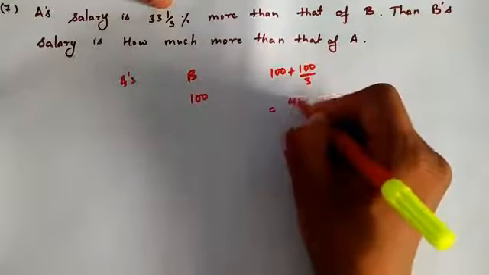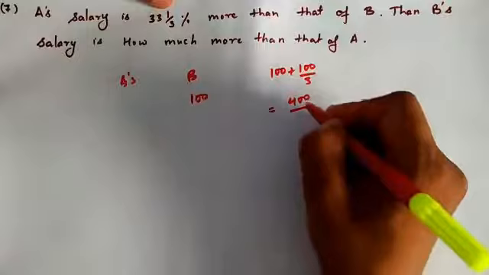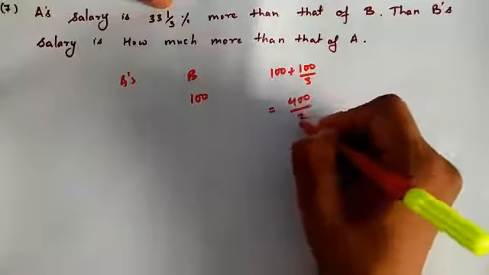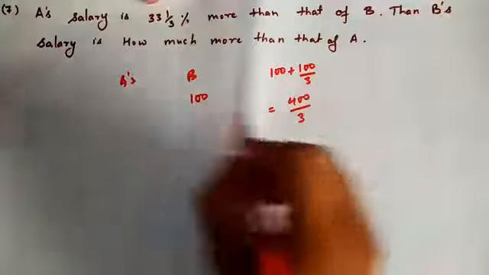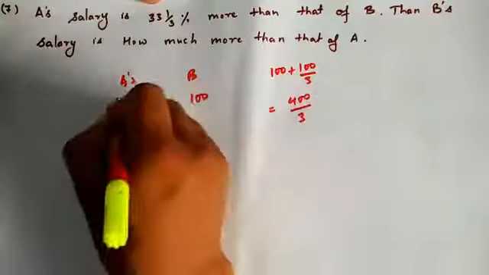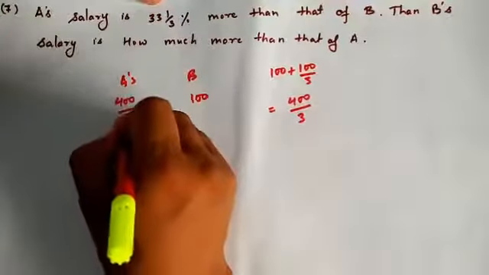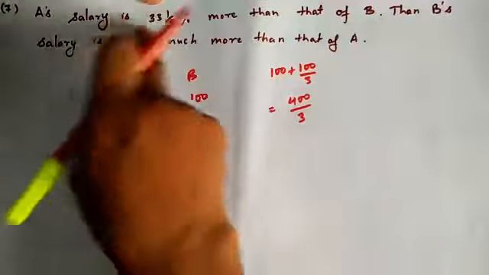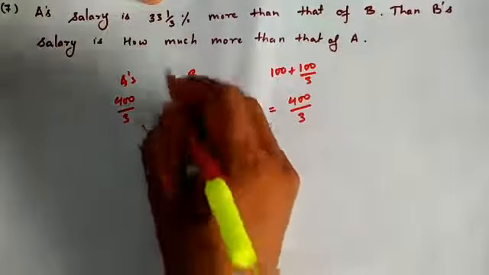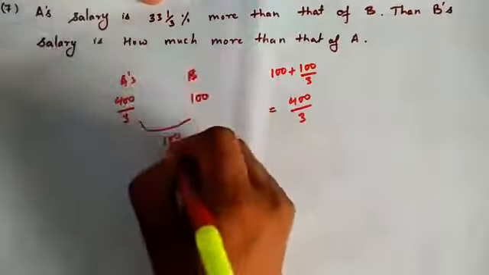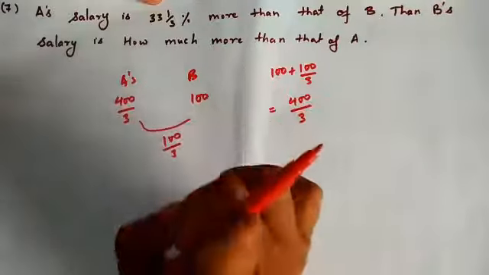I hope you people know the LCM and all, I'm taking that in regard. So after calculation this number becomes 400/3, because A's salary is 100 plus 33 1/3, and 33 1/3 means 100/3. The difference between them is 100/3.